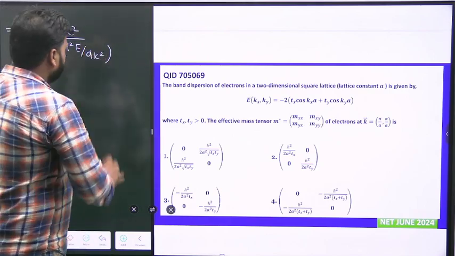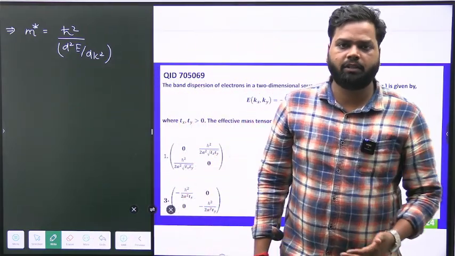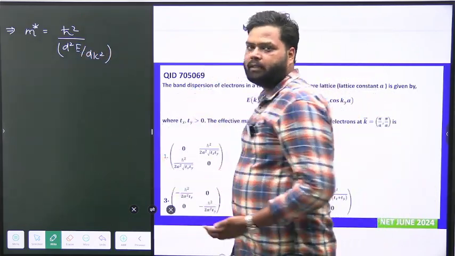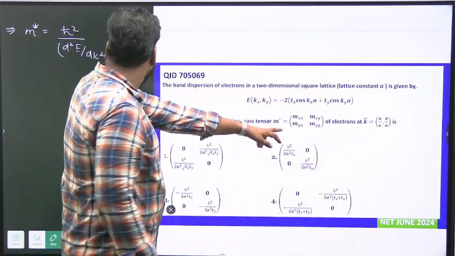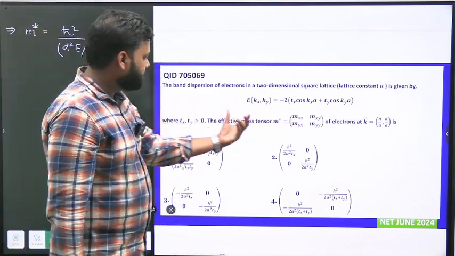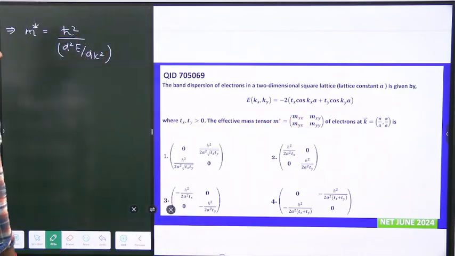This is a simple formula, but for a 2-dimension or 3-dimension system, this derivative will be replaced by the tensor matrix, so the m star is replaced by this effective mass tensor matrix.